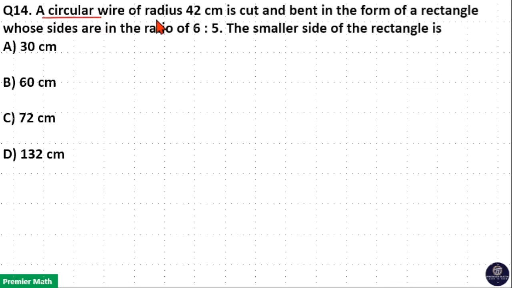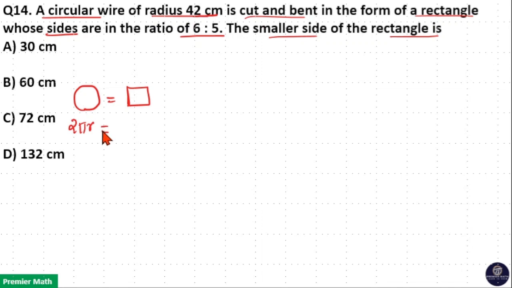A circular wire of radius 42 cm is cut and bent into the form of a rectangle whose sides are in the ratio 6:5. The smaller side of the rectangle is? Here, a circular wire is cut and bent into a rectangle, which means the circumference of the circle, 2 pi r, is equal to the perimeter of the rectangle, which is 2l plus 2b.